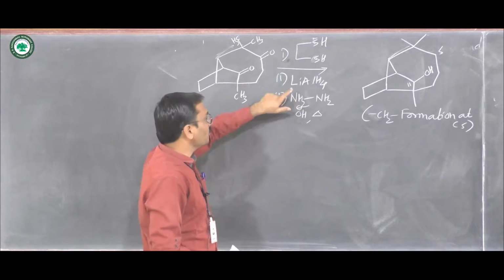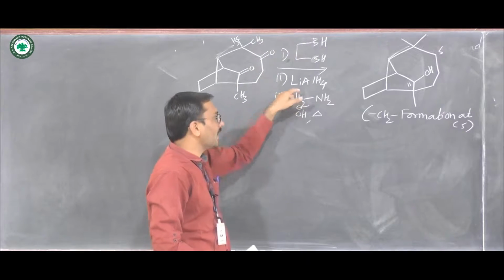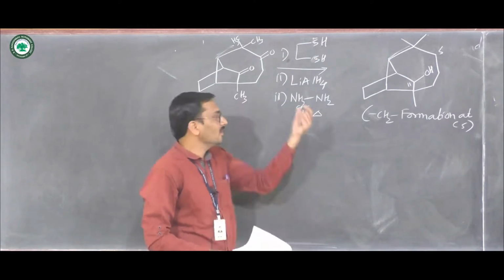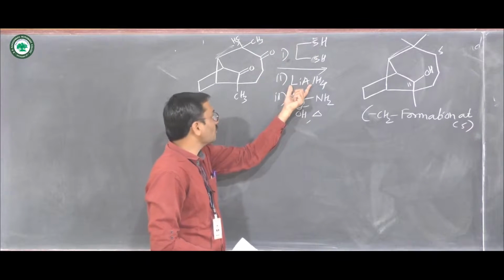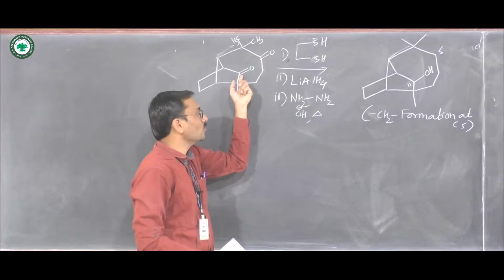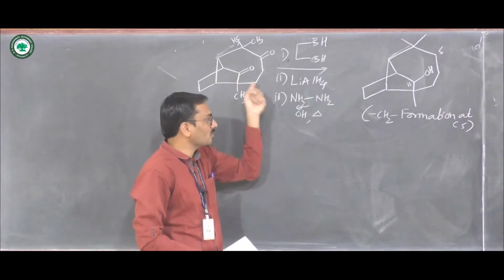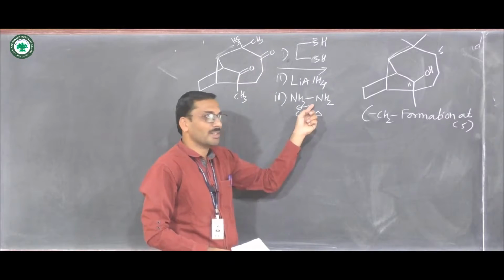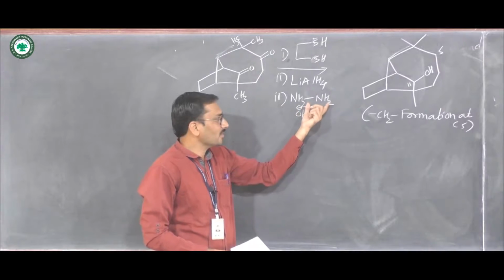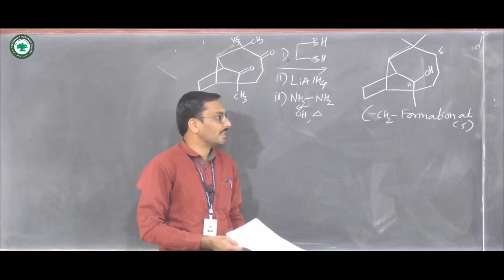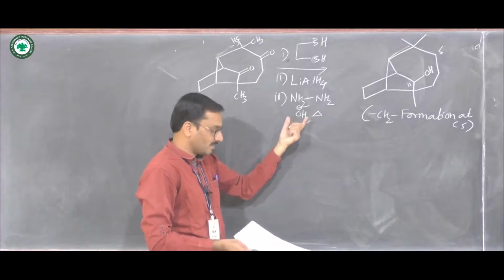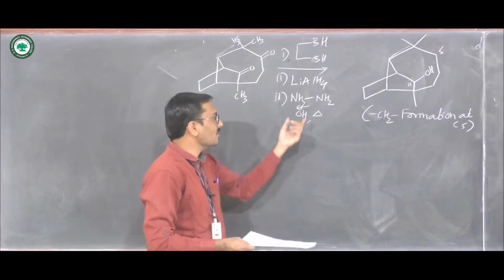In the next step we use lithium aluminium hydride as a reducing reagent. This reducing reagent reduces this carbonyl group into OH. Then we use NH2NH2, which is also a reducing reagent, in the presence of base. This is the Wolff-Kishner type reduction.